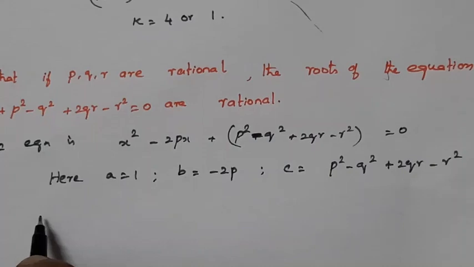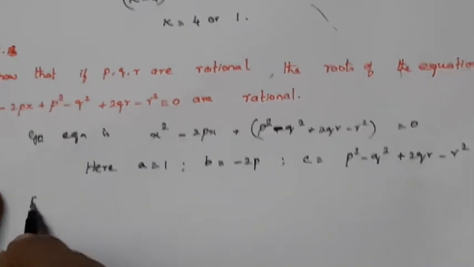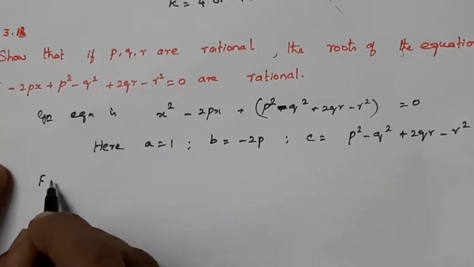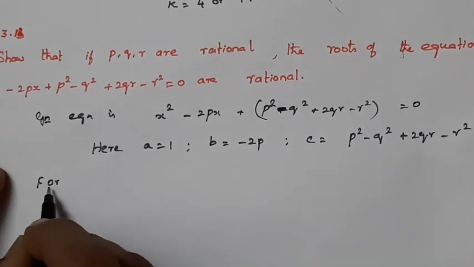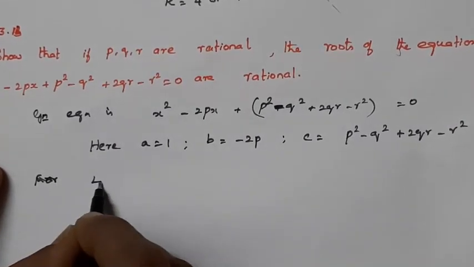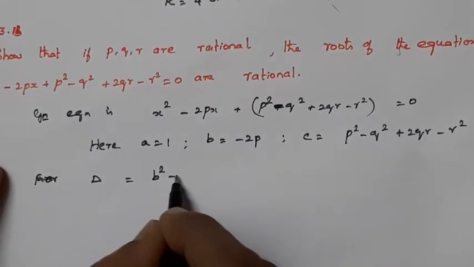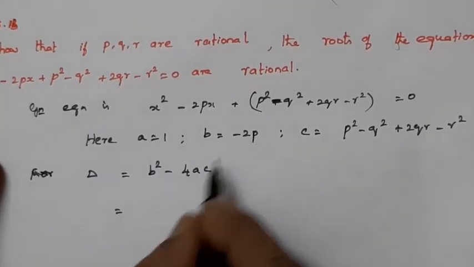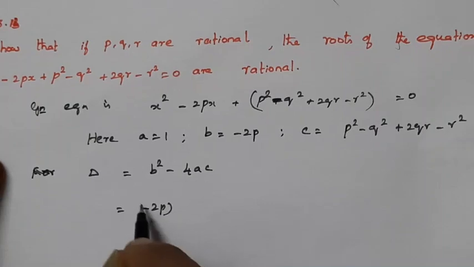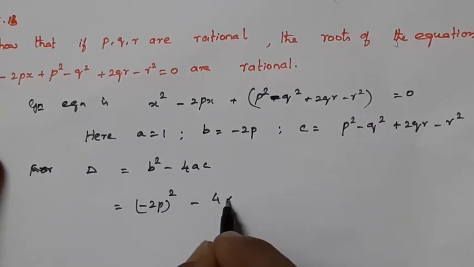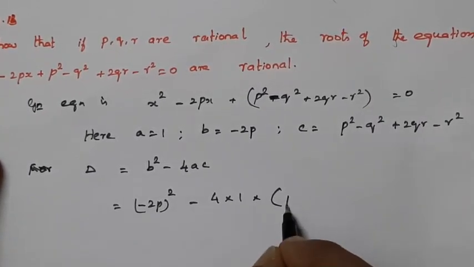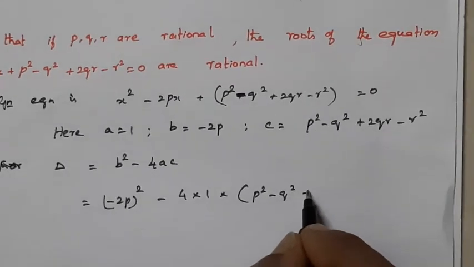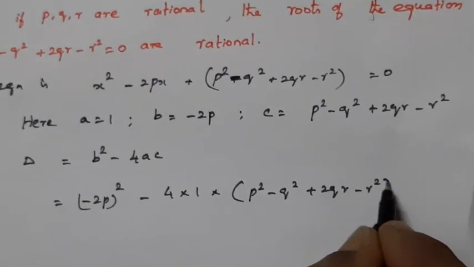So for the roots to be rational, delta should be a perfect square. So let us find out delta. Delta is equal to b squared minus 4ac. So b squared, that is minus 2p the whole squared, minus 4 into 1 into c, which is p squared minus q squared plus 2qr minus r squared.